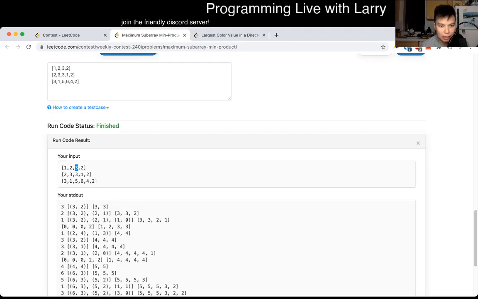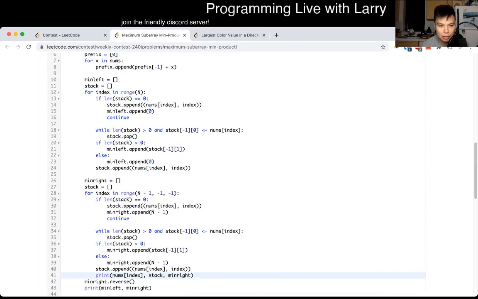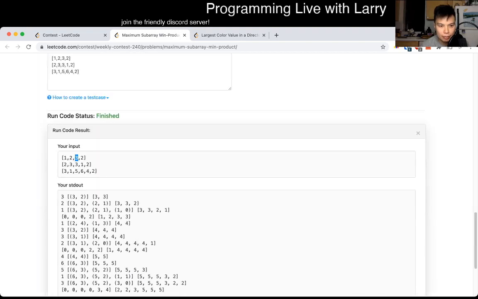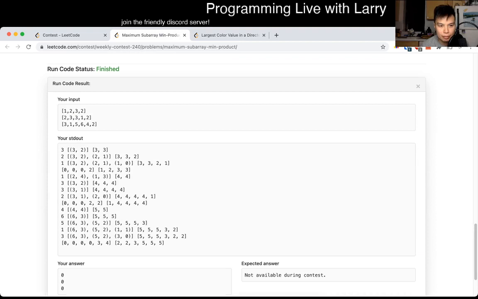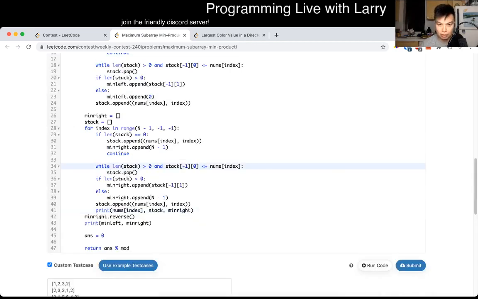How did I get the other part right? Also, no, this is wrong. 2 should not be. Oh, guys, I just got the signs wrong somehow. I misread the first part. Okay.